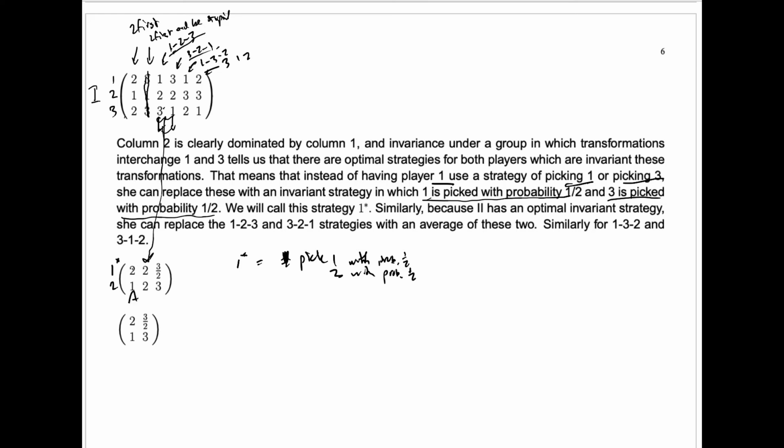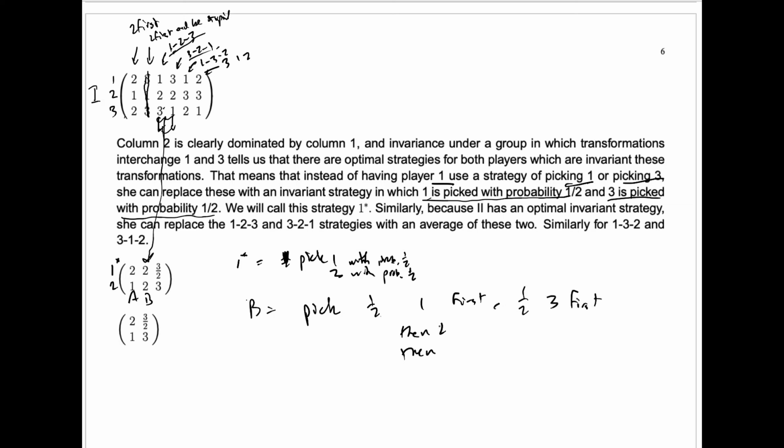I'll call column A here the choice for player 2 that says pick 2 first and be smart about it. That's not going to be changed by invariance. But I'll call this column B: pick with a probability of 1 half a 1 first, a probability of 1 half that the 3 is first.